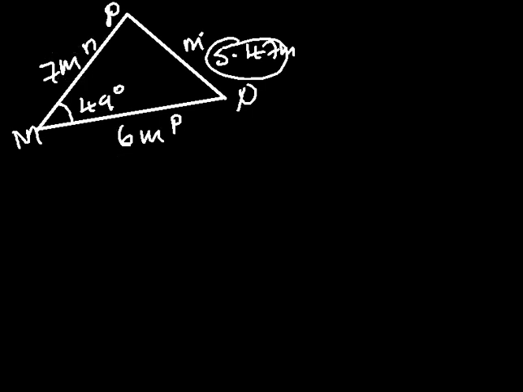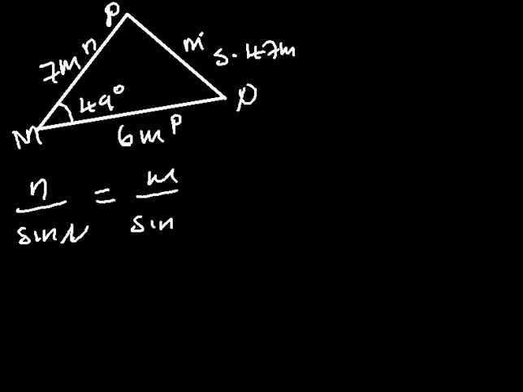Then I think we can use the sine law. According to the principles behind the sine law, n over sine of angle n is equal to m over sine of angle m, which is equal to p over sine of angle p.